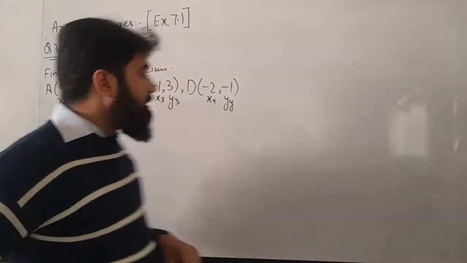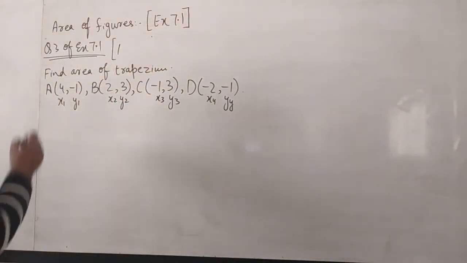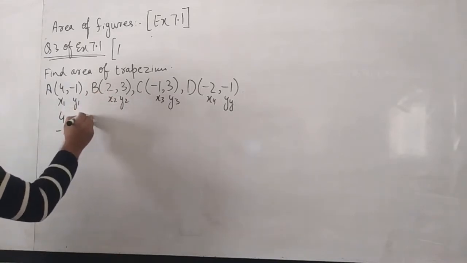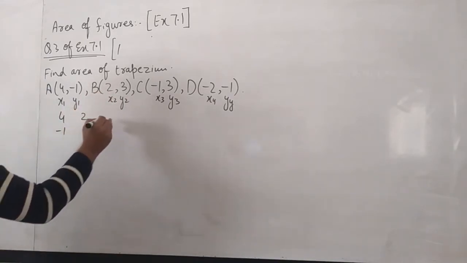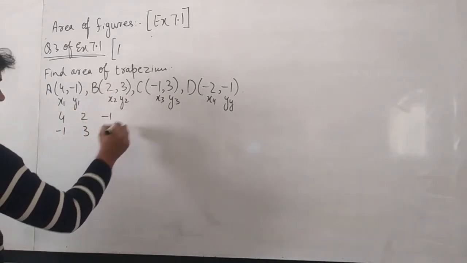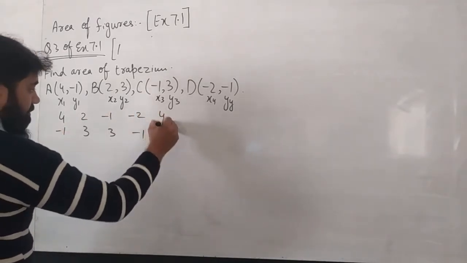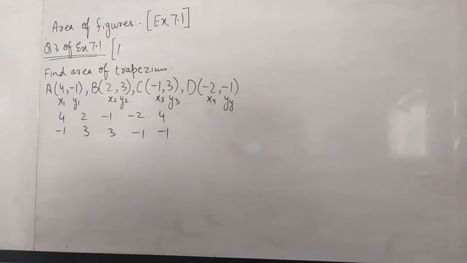Okay, so now, (4, -1), (2, 3), (-1, 3), (-2, -1), and then (4, -1) repeated.